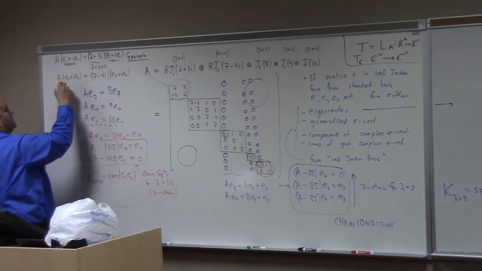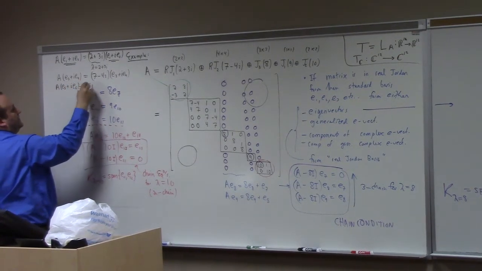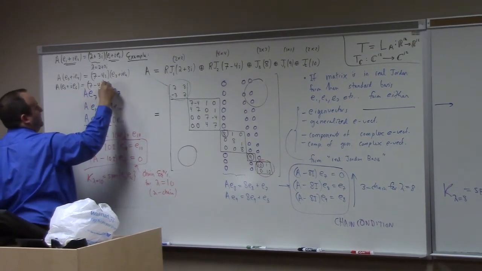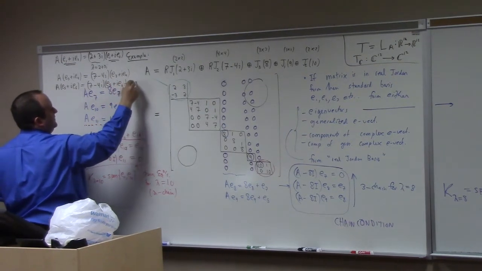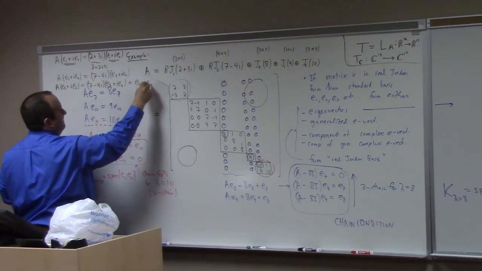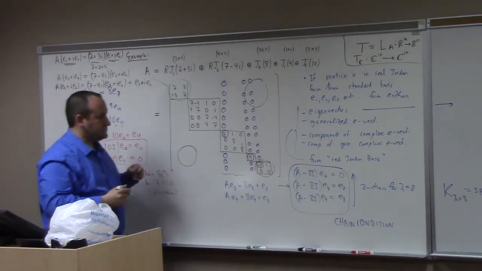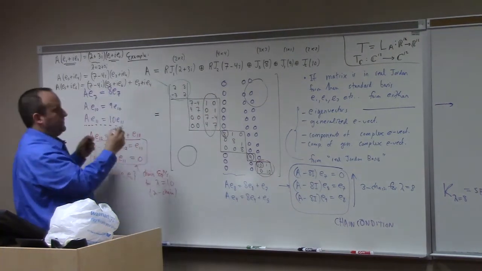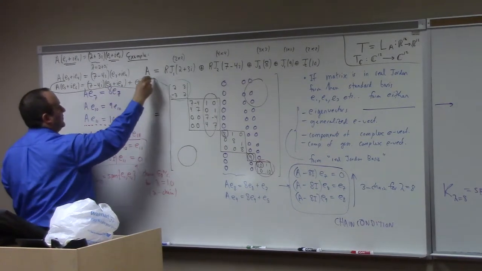And also A times E5 plus iE6 is equal to 7 minus 4i times E5 plus iE6, plus E3 plus iE4. That's coming from this right here. And again, the thing I did in the last about 15 minutes of class, I'm doing backwards here to get that.